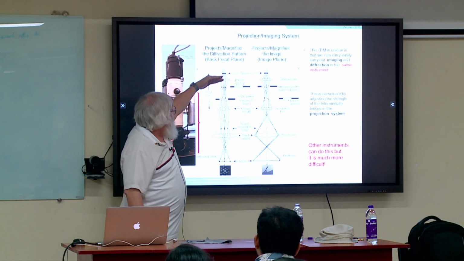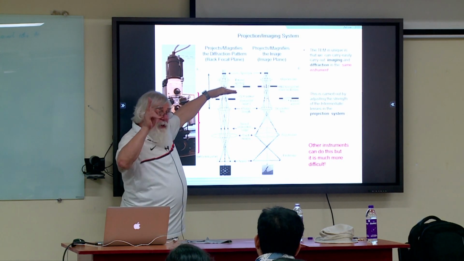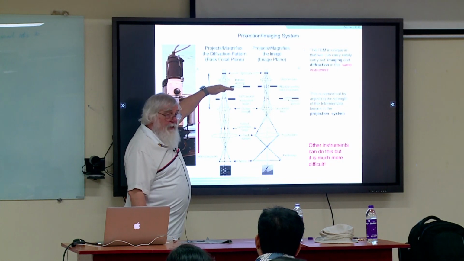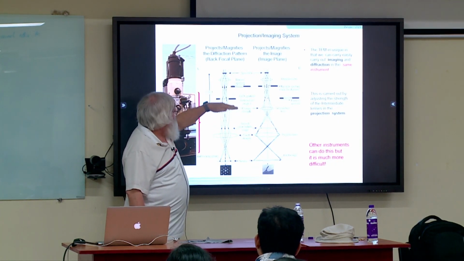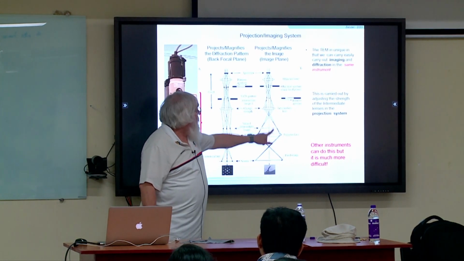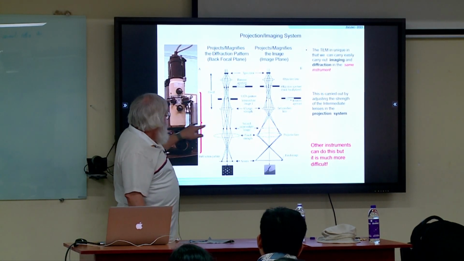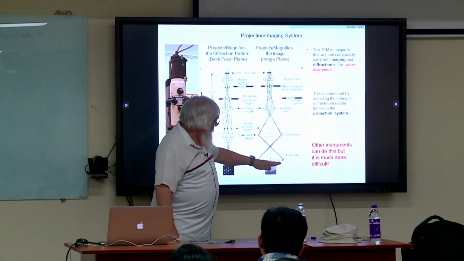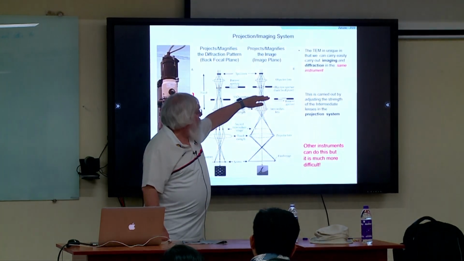It stays constant. It has two characteristic planes. It has an image plane and a back focal plane. Okay? When I want to get an image, what I have is I adjust the post-specimen lenses to take that plane and move it down to my screen. That gives me my image.